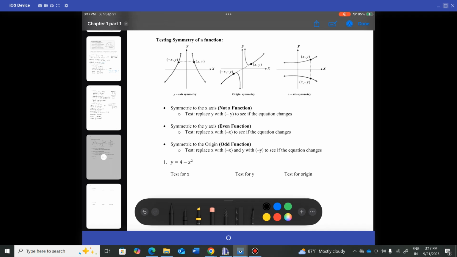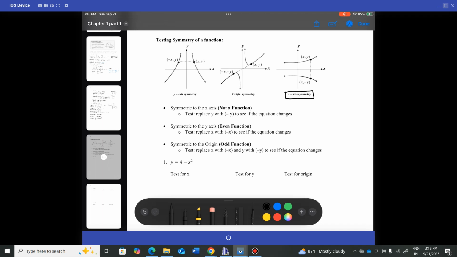Symmetry, there's three main types when it comes to functions. You've got a few other types in a sense, like if you look at a quadratic, it can be symmetrical to something else besides the three we're going to be looking at. First one is if it's symmetrical to the x-axis. So that's this last one here.